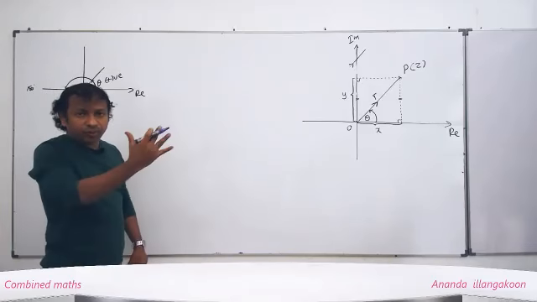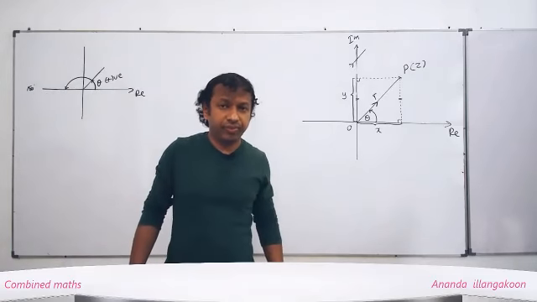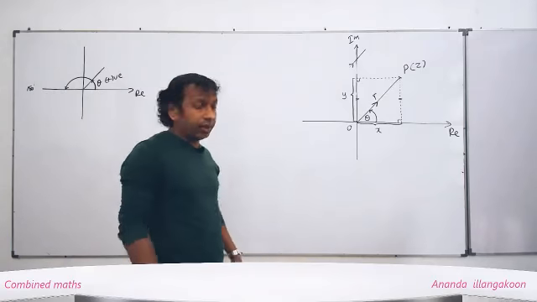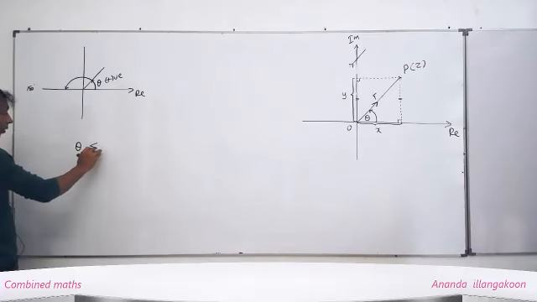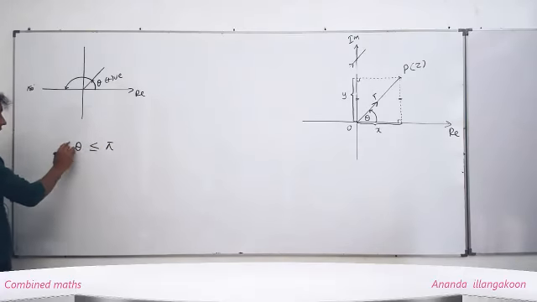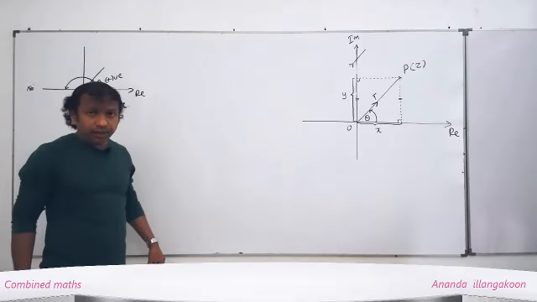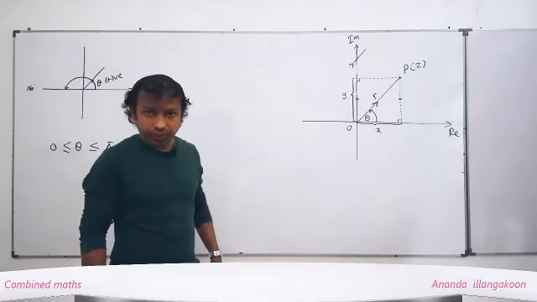Starting from 0 up to this 180, that range of the angle is called the principal angle in the positive sense. Then theta is less than or equal to pi and greater than or equal to 0. This range is called the principal angle of the argument in the positive sense, right?